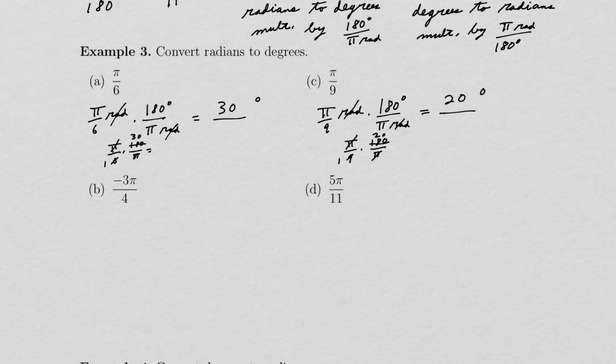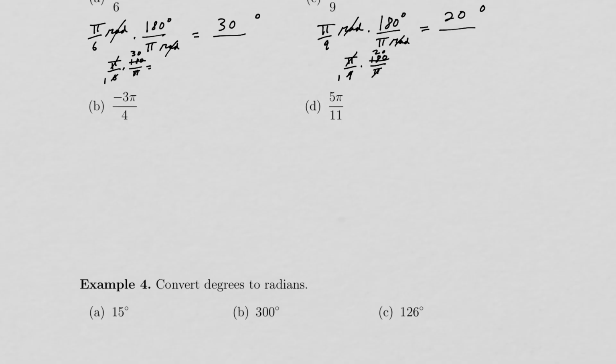Okay, what about negative 3/4 pi? Well, same thing, right? So I'm starting with negative 3/4 pi radians. I want to end up with degrees, so I better multiply by 180 degrees over pi radians. Radians cancel, so I have negative 3 pi over 4 times 180 over pi.